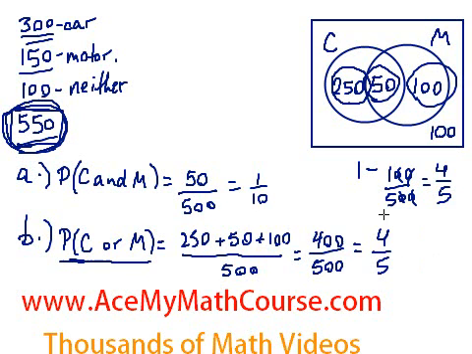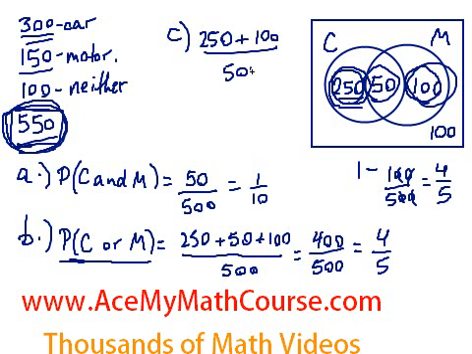Okay, and I gave myself very little room to answer C. What is the probability that the person owns either a car or a motorcycle, but not both? Easy. We're going to take the 250 people that own a car and the 100 people that own a motorcycle but don't own both.